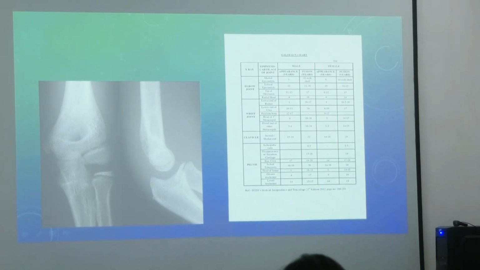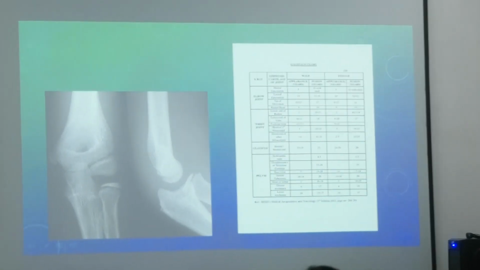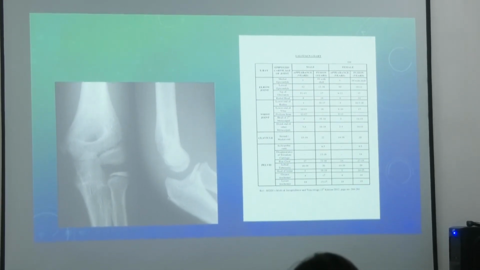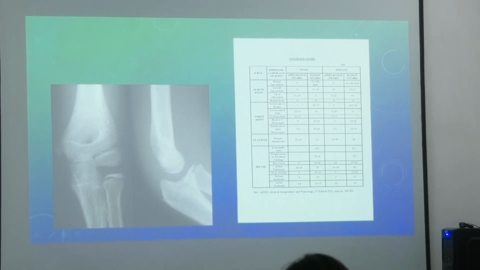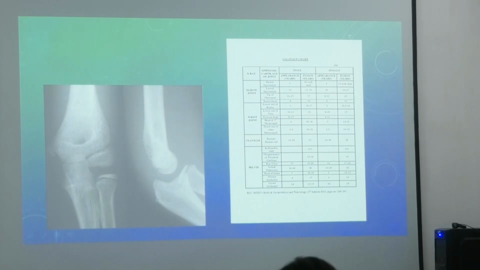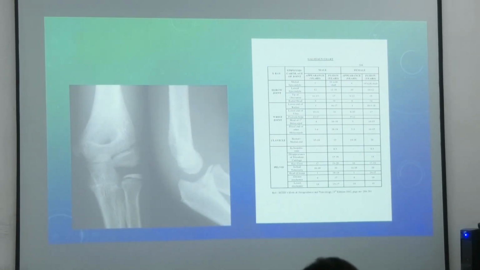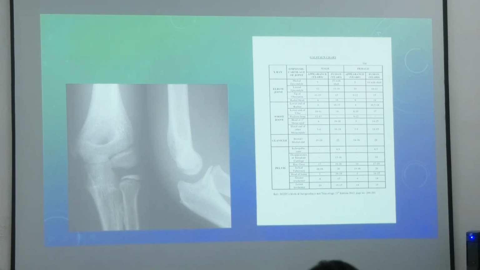Start writing from: it is a skiagram of the elbow joint. Then you write the findings and then you write the opinion. If there is doubt, copy it from where you have noted down, so that it will be your practical.